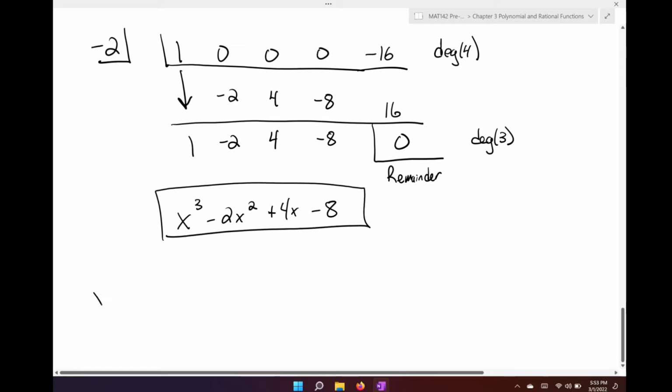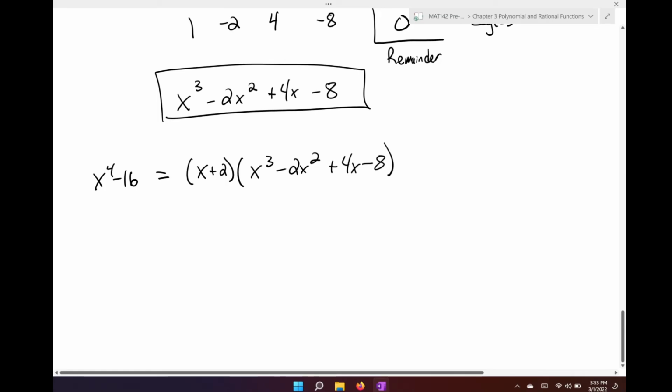If you wanted to write this out in the division algorithm format, x to the fourth minus 16 is going to equal the quantity x plus 2 times x to the third minus 2x squared plus 4x minus 8, and there is no remainder. And what's really nice is you can always check yourself. If you were just to distribute and multiply and then gather all your like terms, the quantity x plus 2 times the quantity x to the third minus 2x squared plus 4x minus 8 will be x to the fourth minus 16.